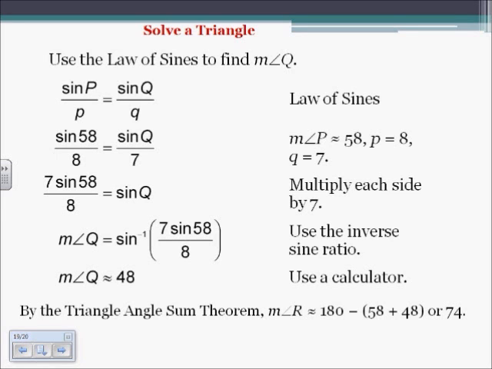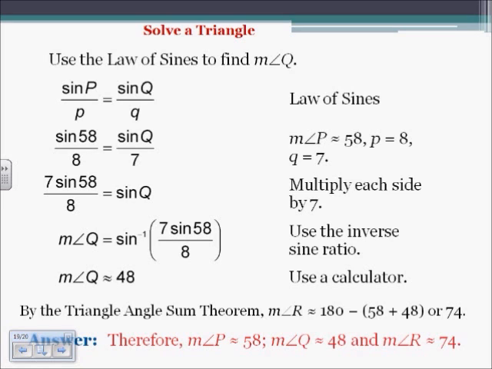So solving a triangle is similar to the trigonometric ones we did with the right triangles, except now we have to do the law of cosines first, the law of sines to follow, and then lastly use the triangle sum to solve for the last angle. And they have the angles listed there at the bottom, P, Q, and R.